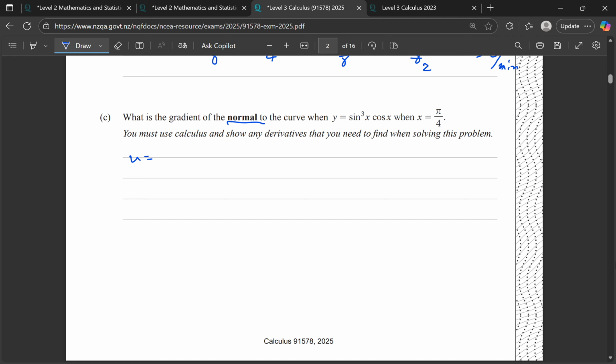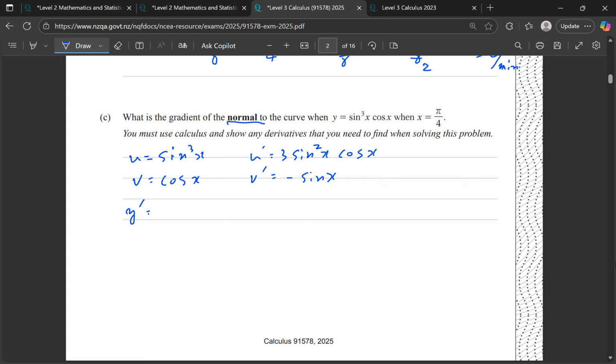So u is sine cubed x, v is cosine x. So u prime is 3 sine squared x cosine x, right? And v prime is minus sine x.